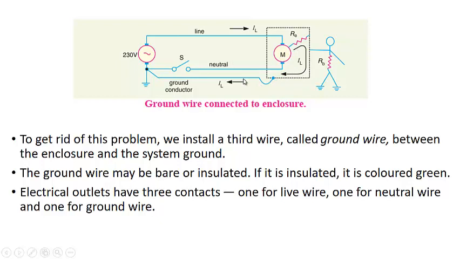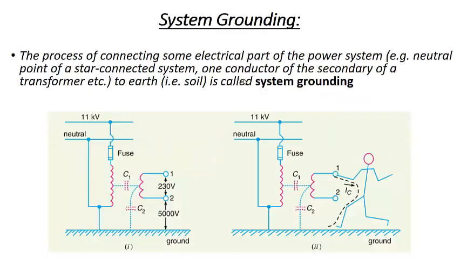That is why you will always see this ground wire, which is usually colored green, always connected to the casing just to avoid such types of faults or hazards for the person. So this is very important. This is known as equipment grounding, or we can say earthing, and this is its importance. So a simple system grounding, but this is in regard to the protection of the personnel.